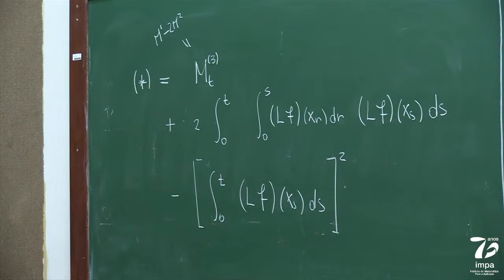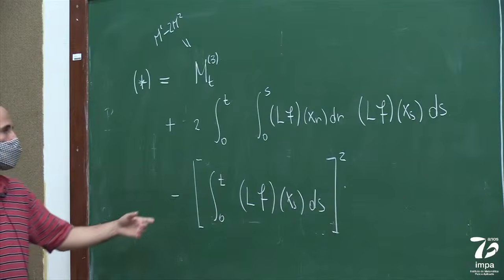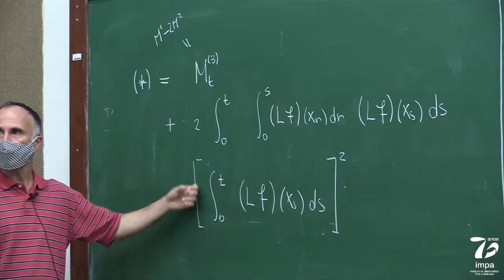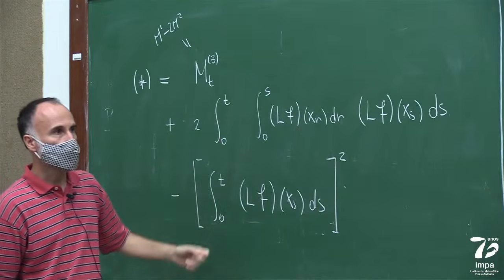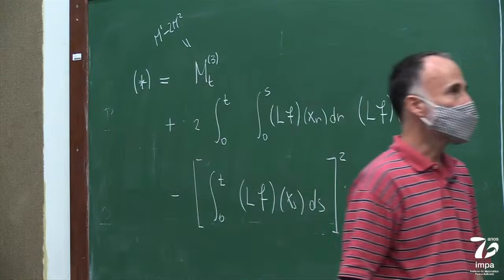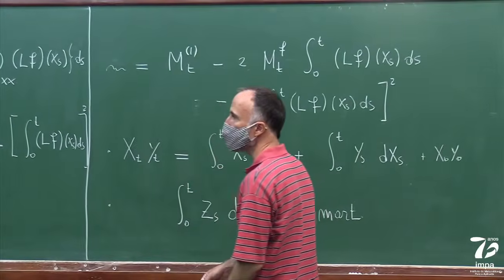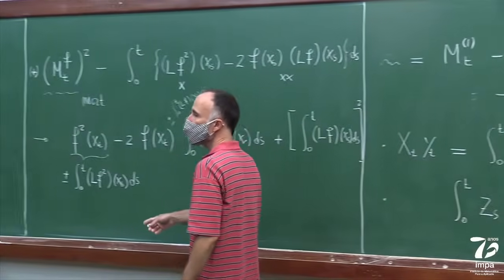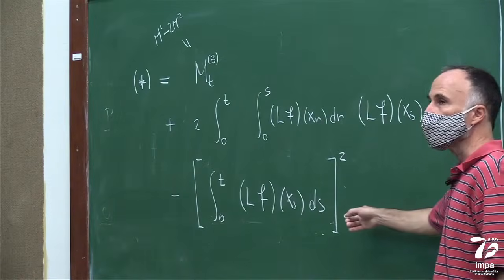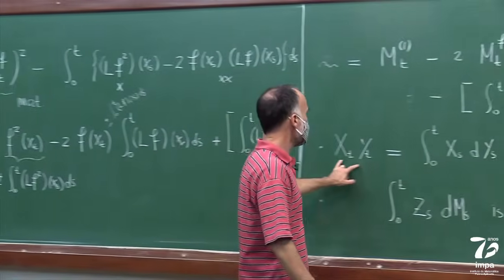Okay, so this is what we have. And what I claim is that this term is equal to that one, because if you take the derivative of this term, you get 2, and you get then the integral of that. Or if you wish, if I just use this formula again for the square, now x and y are equal.